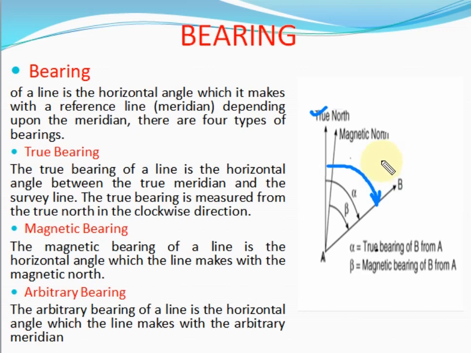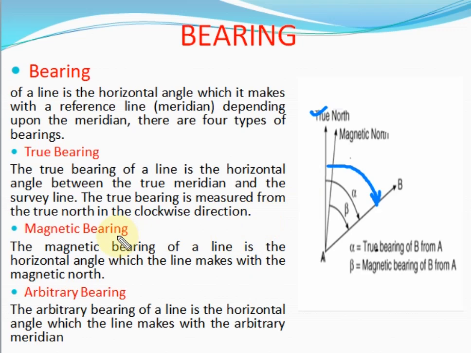So what is meant by magnetic bearings? Depending upon the bearing meridian, there are four types of bearing. First, true bearing. Another is the magnetic bearing. For the magnetic bearing, the magnetic needle is freely suspended and shows the direction that is north.